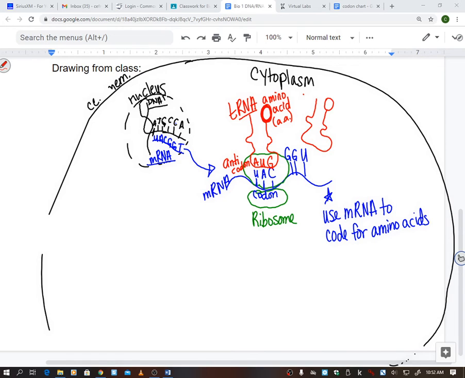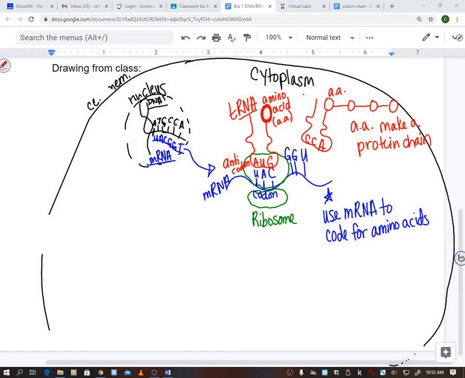And so it just brought down an amino acid, CCA. All right, and it brought another amino acid down, and you get these chains of amino acids. So amino acids make a protein chain.